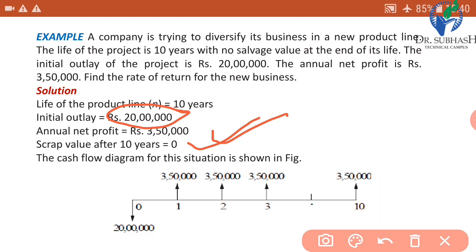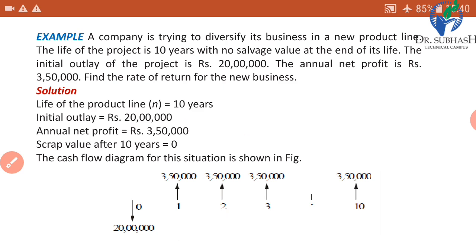The cash flow diagram for this situation is shown in the figure. We can see there is a 20 lakh principal amount, and every year there is a return of 3,50,000, up to 10 years. So this is given in the cash flow diagram.